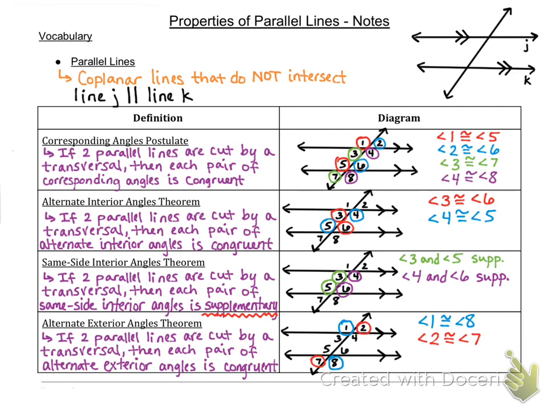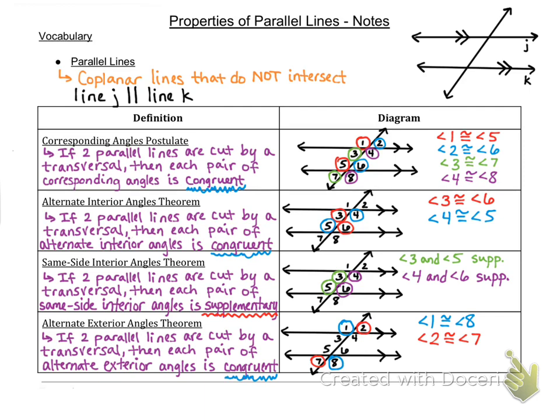Now if we look back at these four postulates or theorems, you'll notice that for corresponding angles, the pairs are congruent. For alternate interior angles, the angles are congruent. And with alternate exterior angles, the angles are congruent.